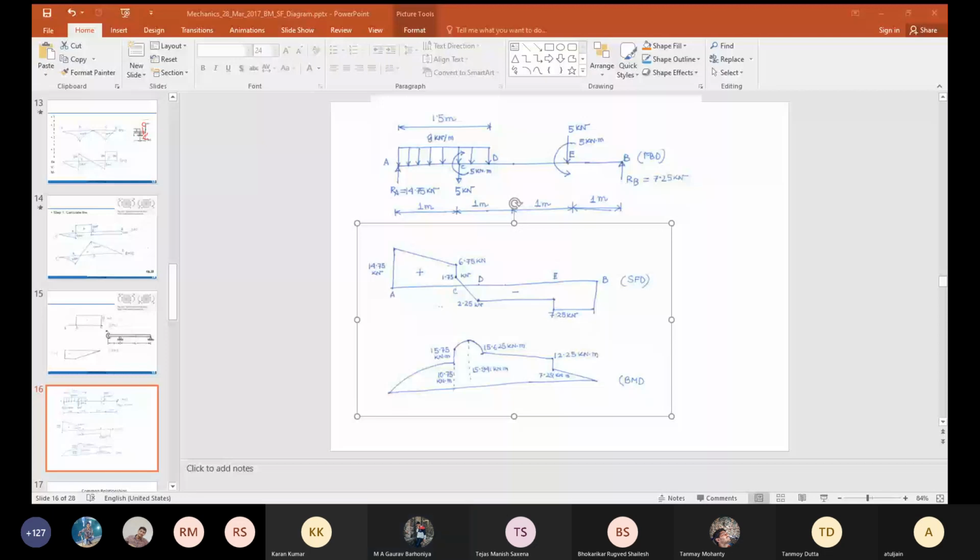Doing all of this together, you are getting this shape. Understood?